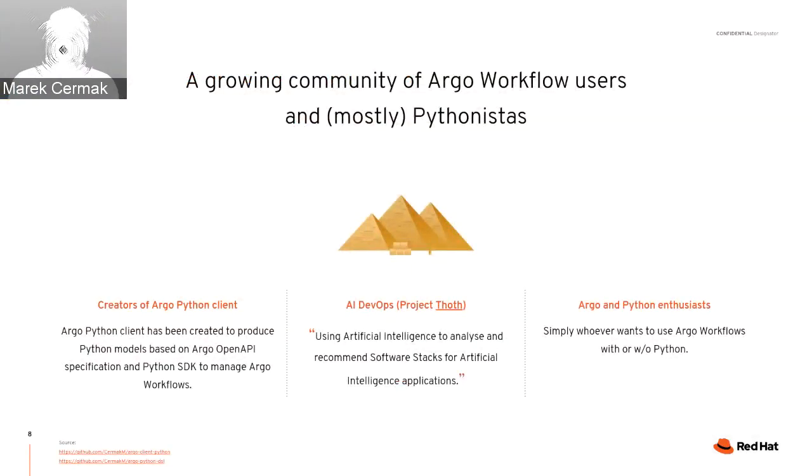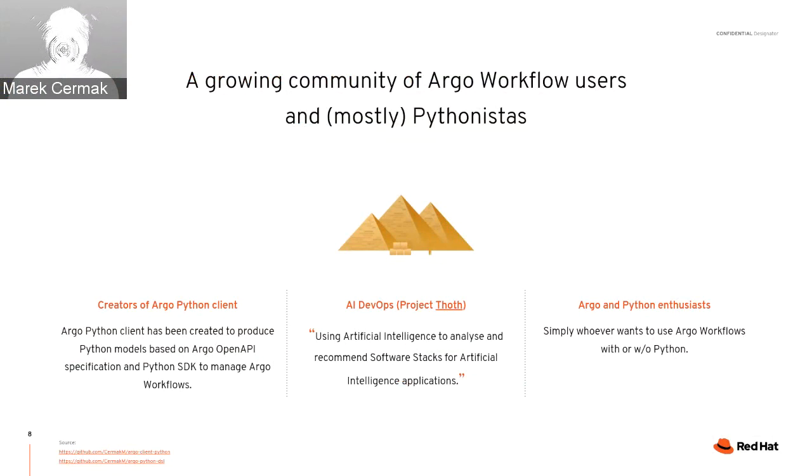So I say, why is it useful for us? So who are we? We're a growing community of Argo workflow users and mostly Pythonistas. We're Project Thoth from Red Hat, and we like to use Argo for our applications that mainly focus on recommending software stacks for artificial intelligence applications.